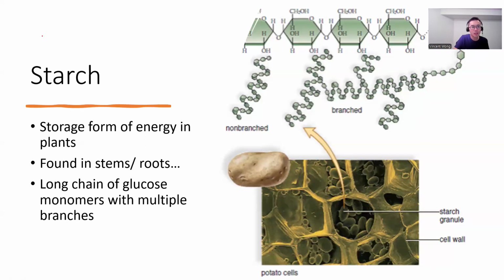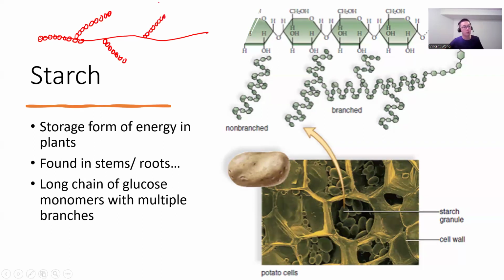So you can think of the starch like this, okay? There is a main strand. If you zoom in, it would be glucose, glucose, glucose, glucose, like this, all the way to the other end. And then every now and then it would branch off. Right? So that's glucose branch, glucose branch. So it's almost like a tree branch. And that's basically what starch is. Storage form of energy for plants.